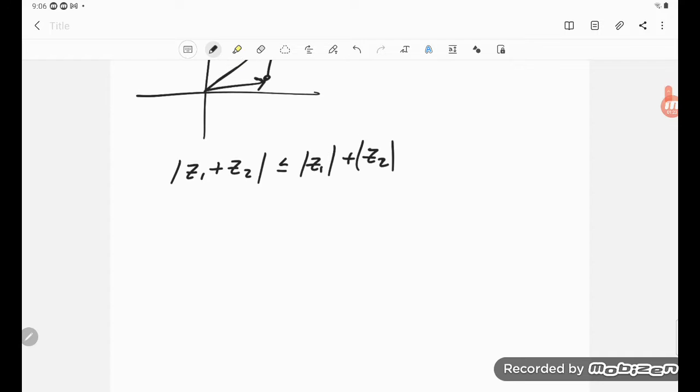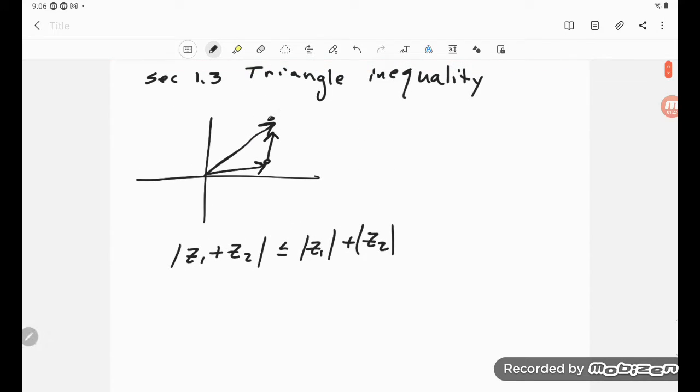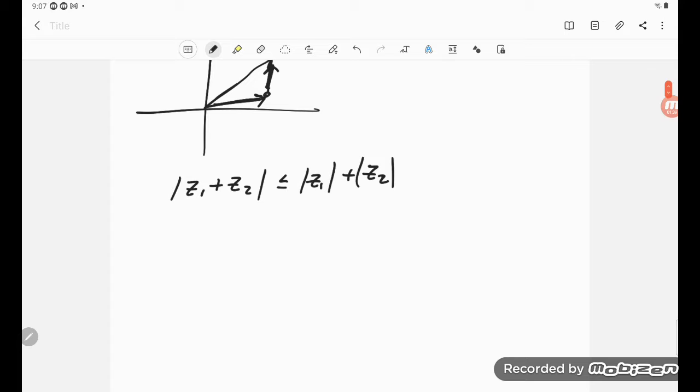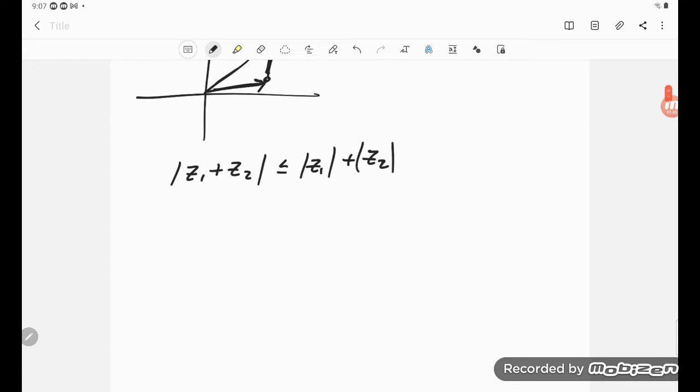Okay, so you see, if this here is Z1 plus Z2, then this was maybe Z1 and that was Z2, and so it's just saying the length of Z1 plus Z2 is always less than or equal to the sum of the lengths of the original vectors you added.